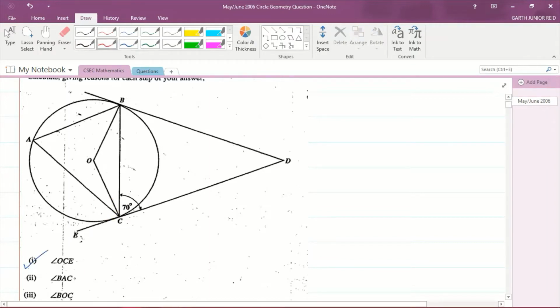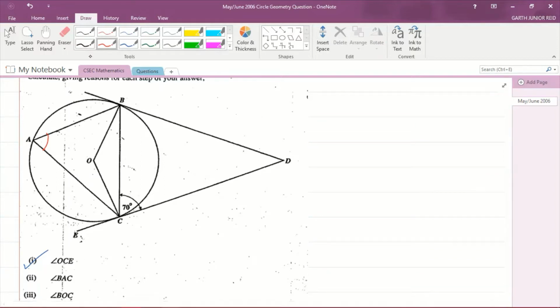Let us now do part 2, which is angle BAC. B is here, AC. So they're talking about this angle here. Now, how do we calculate that angle?